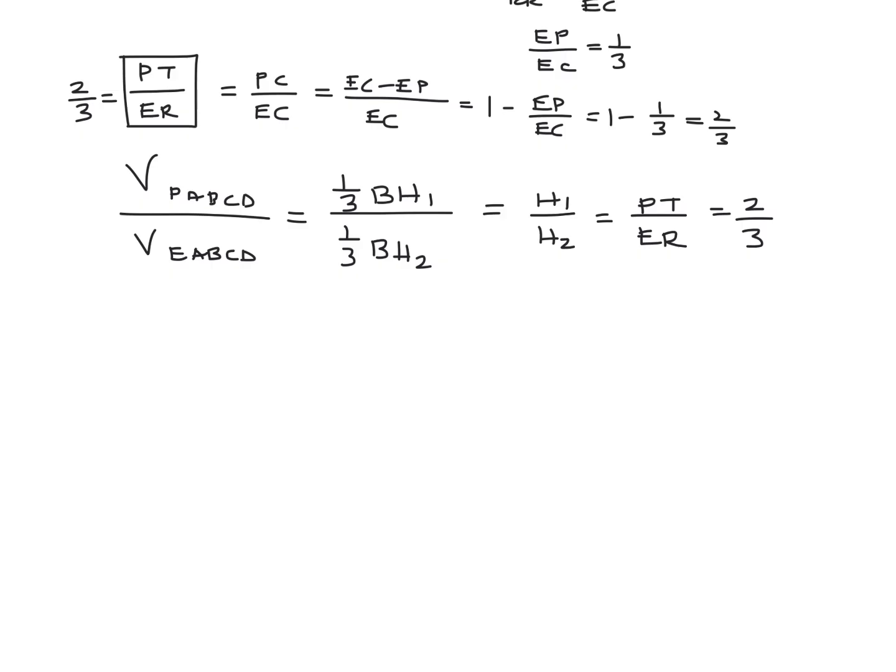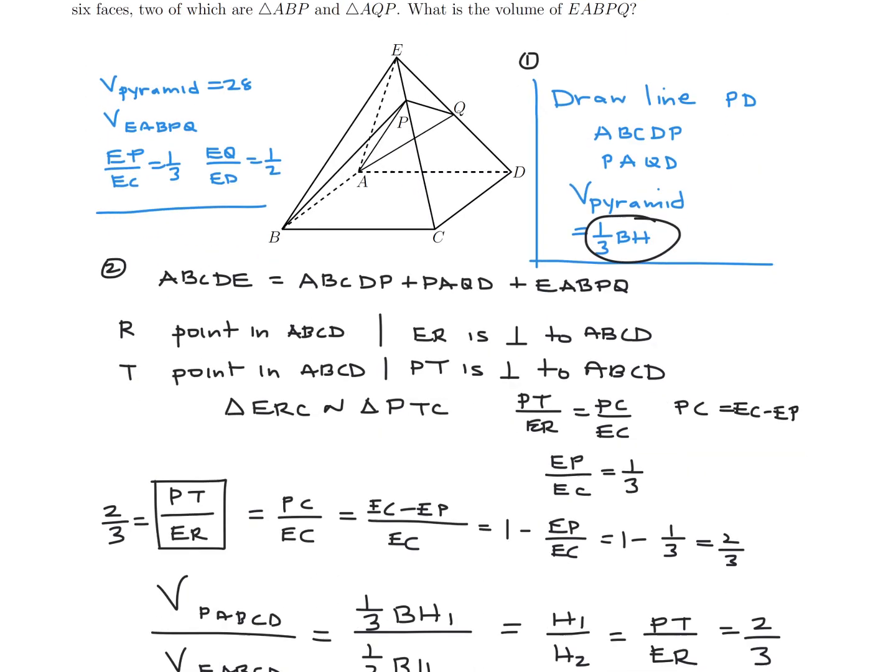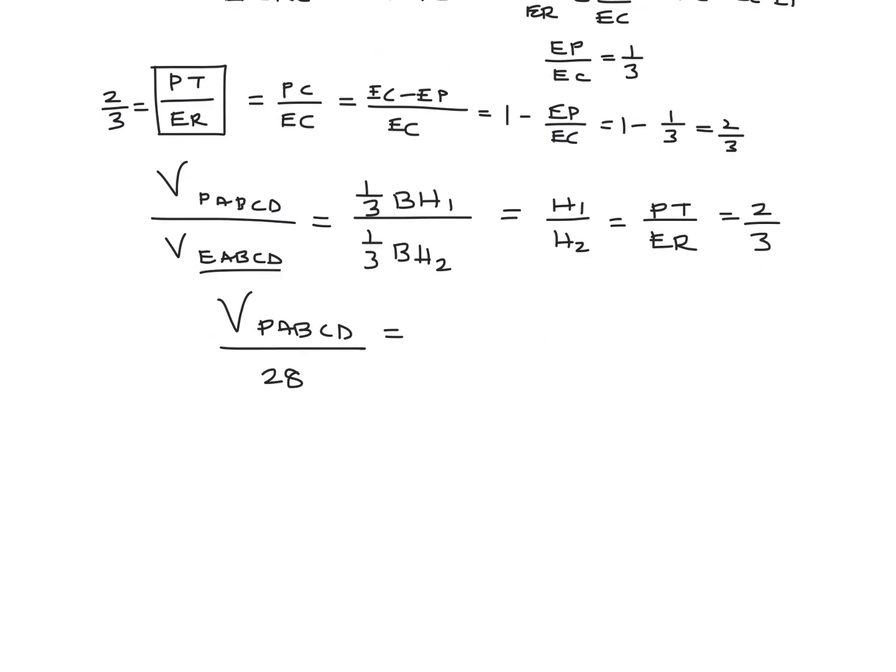And therefore, if the volume of PABCD is compared to the total, which is 28, and that is this guy, EABCD, right? EABCD, let's see here. Yeah, 28, I was right. And therefore, that's 2 over 3, according to what we just figured out there.